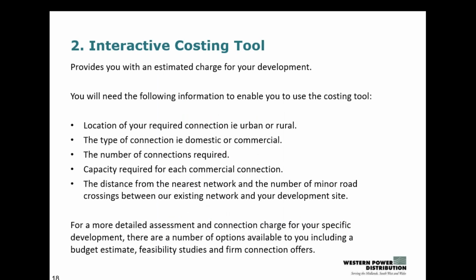Secondly, we've got the interactive cost tool. This provides an estimated charge for the development. It requires a bit more information from you. So where is your required connection, is it in an urban or a rural setting, the type of connection, is it domestic or commercial, the number of connections required, the capacity for each required commercial connection, and then the distance from the nearest network, and the number of minor road crossings between that and the existing network.